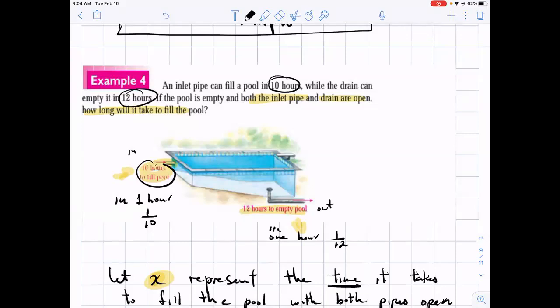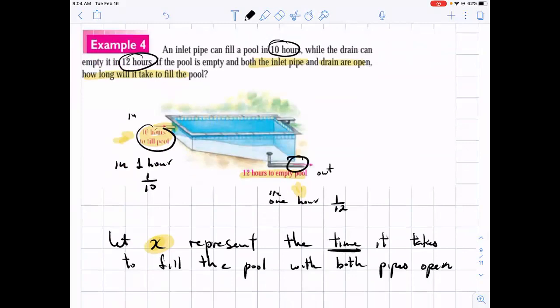So if the pool is empty and both the inlet and drain pipes are open, how long does it take to fill the pool? That means if this pipe was left open and you're pumping water in, it will take the pool, sorry, 60 hours.